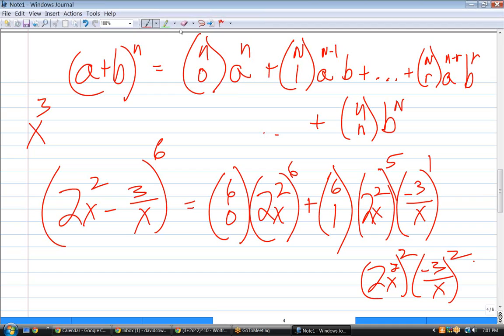No, minus 3 over x squared. That would result in an x cubed term. So you kind of have to go into this series a little bit, in other words, do the next few terms and figure out at what point you're going to result in an x cubed. And then that's the coefficient you have to find.